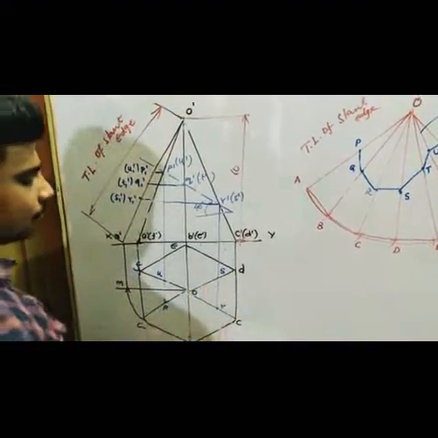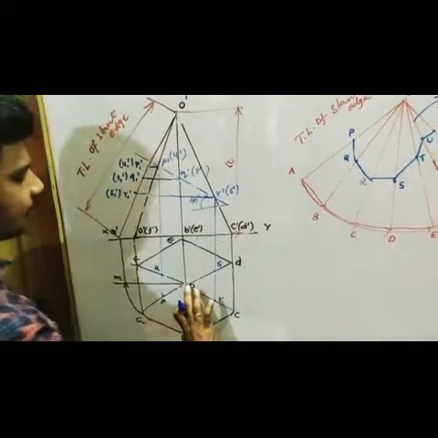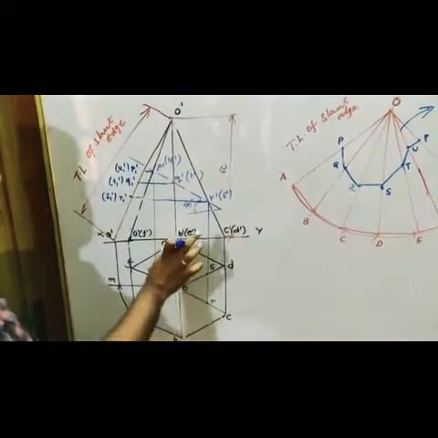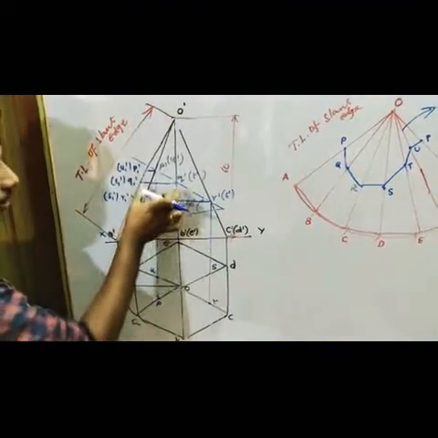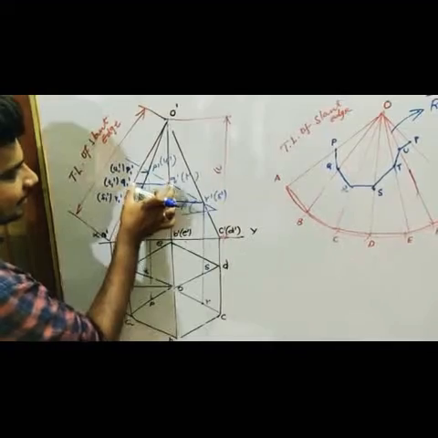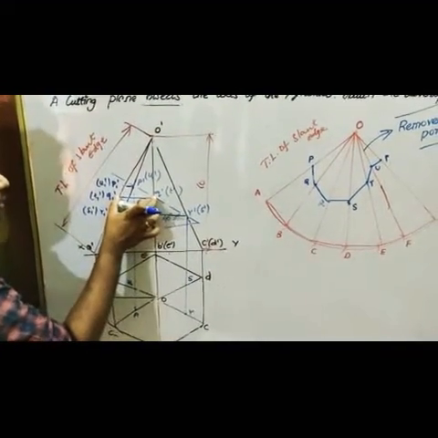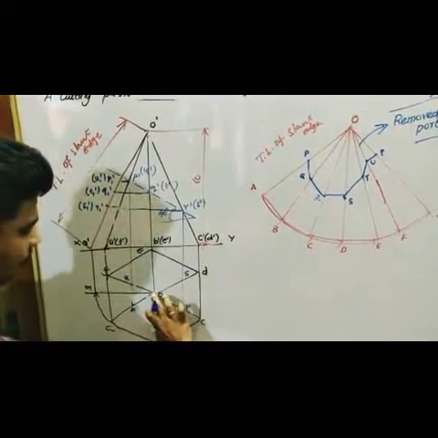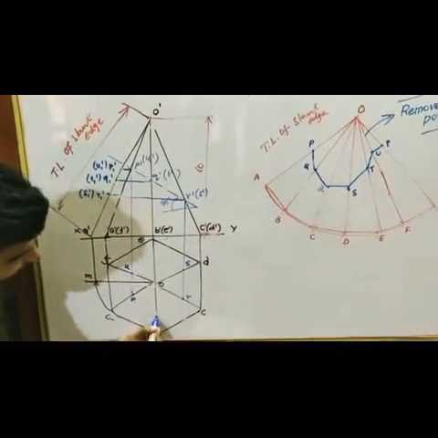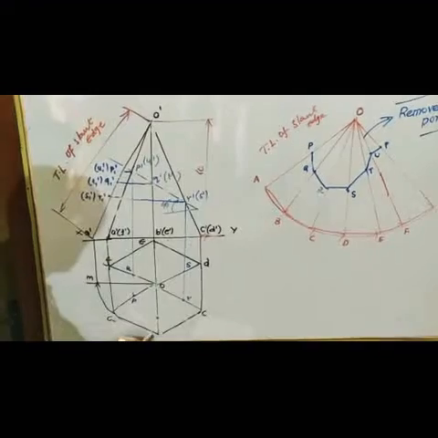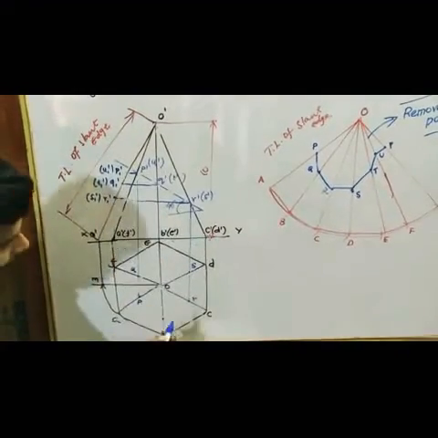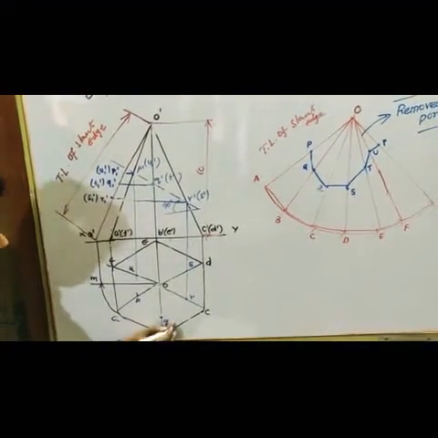The slant edge shows the true length. So you measure this length from the center point, the Q dash point, and paste it on the point OB. What is that? Q dash, Q.